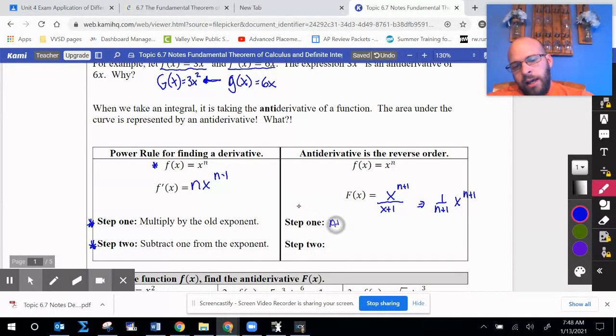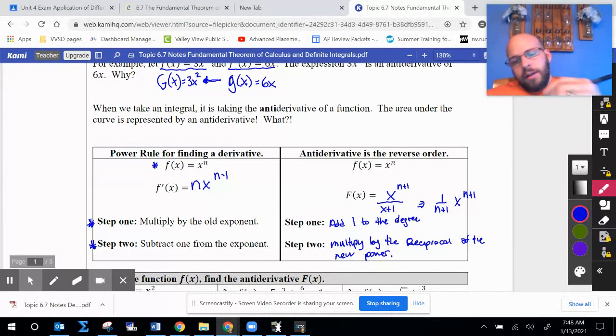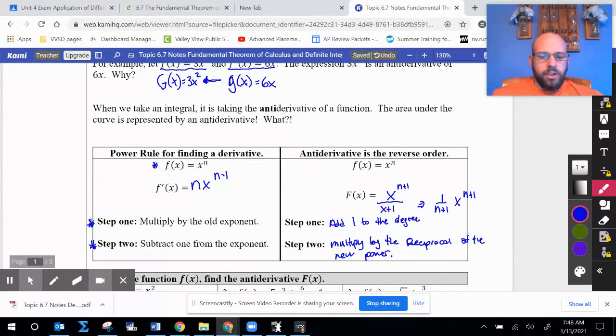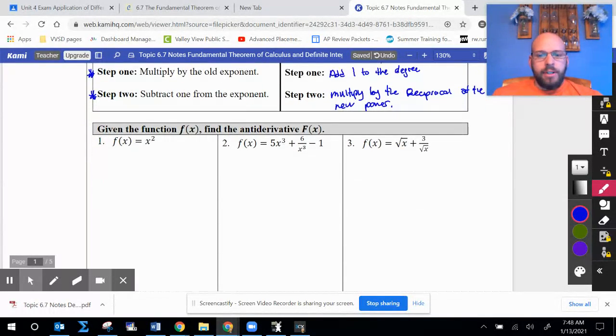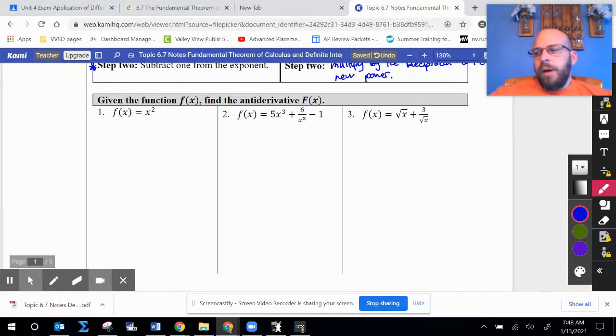So add 1 to the degree and then multiply by the reciprocal of the new power. Okay, so those are our steps. So let's put this in action. Let's see if we can do some antiderivatives of some basic power functions.